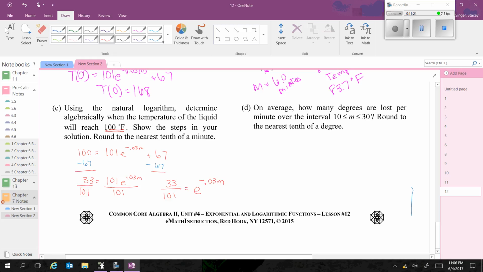Since we know that natural log and e are inverses of each other, I could take the natural log of both sides rather than the log, which means the natural log and e are going to cancel out, leaving me with just my exponent, which I can move out in front. So I have the natural log of 33 divided by 101 equals negative 0.03 m times the natural log of e. Remember, they're inverses, they cancel out, they're 1, so that's gone.